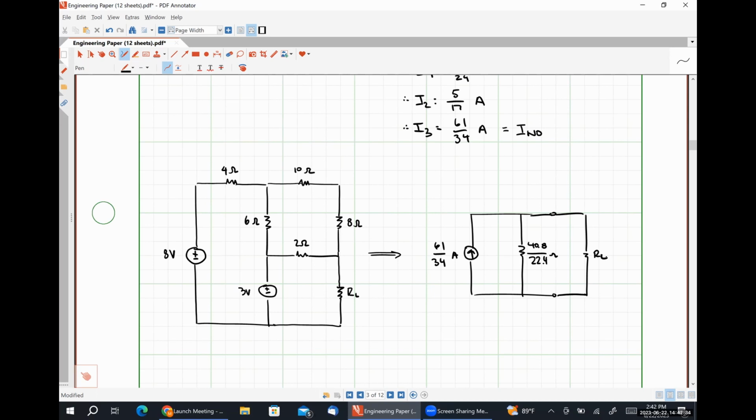These two circuits are electrically equivalent to each other, okay? So let me just title this really quickly.